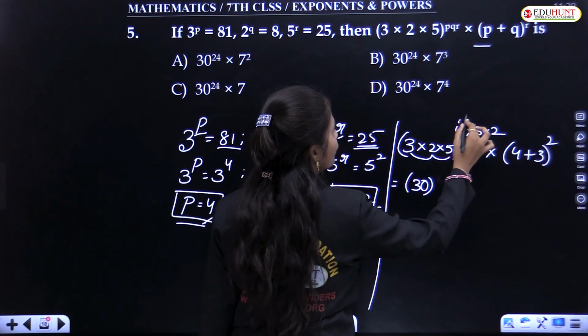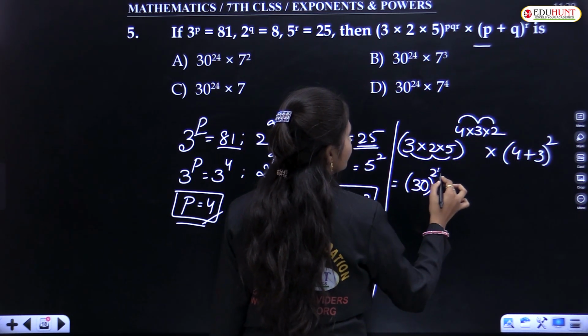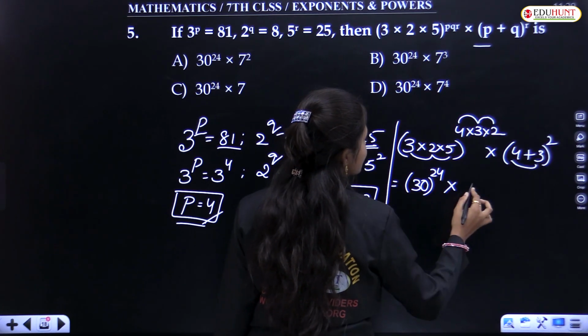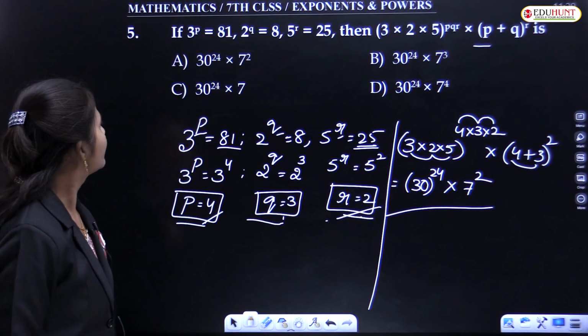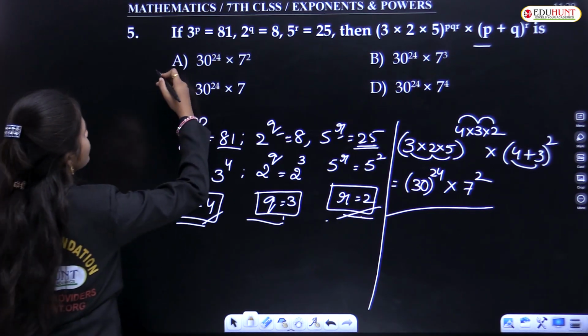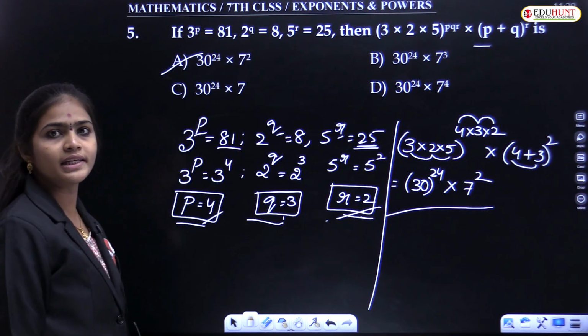So 30 power, 4 3 is 12, 12 2 is 24, into 4 plus 3 is 7, 7 square. So this option is 30 power 24 into 7 square. So option A is correct here.